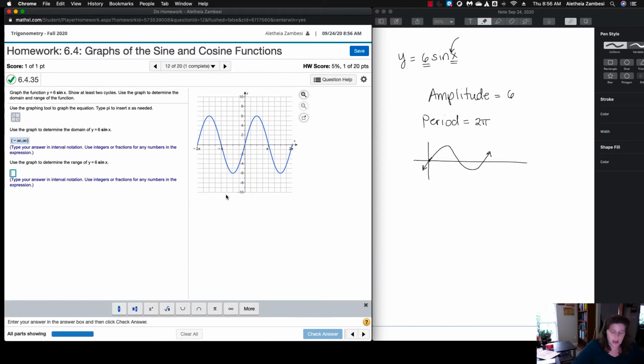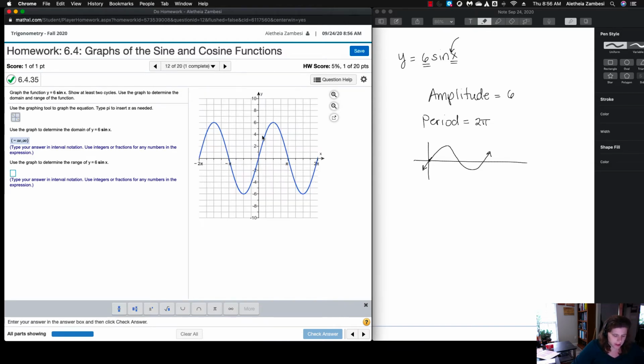My range changes based on your amplitude. You see from the graph here, if I enlarge it, the graph goes at its lowest value to -6, highest value to +6. So that is my range. Now I'm using a square bracket because it includes both of those values.